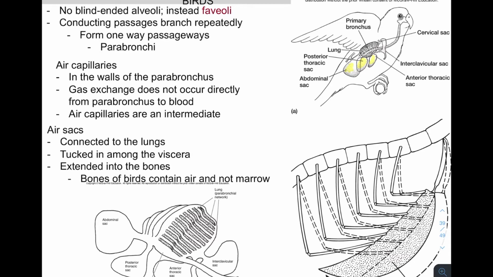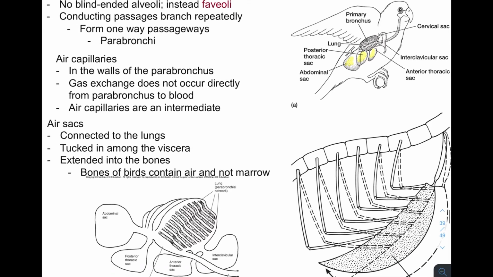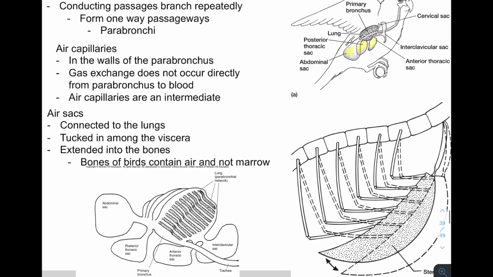The other thing that we notice with birds is that the airflow is going to be unidirectional, which makes it much more efficient than a bidirectional airflow. How is it possible that birds can have a unidirectional airflow?